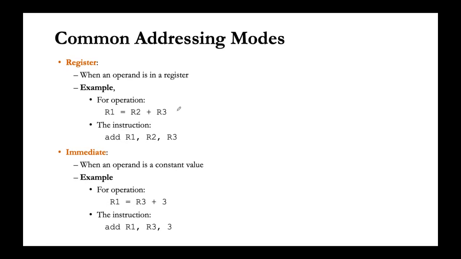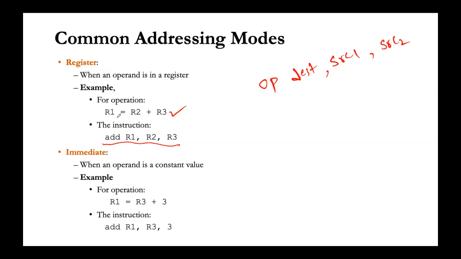So for R1 = R2 + R3, the ISA instruction is written in the common format we are following: the opcode first, then the destination, then source 1, then source 2.